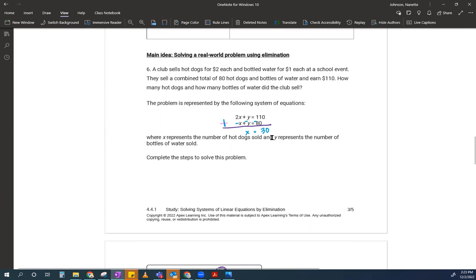So I'm going to go x plus y equals 80. And I'm going to plop this 30 right in the x spot. Okay. So then I'm going to solve, and y becomes 50. If I subtract 30 from both sides, I get y equals 50. Very good.